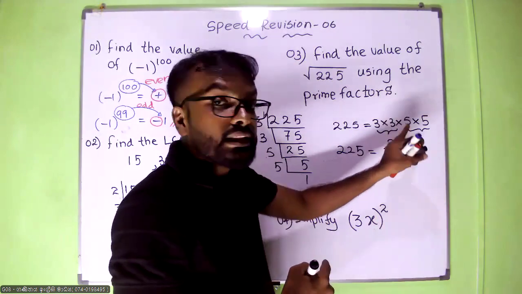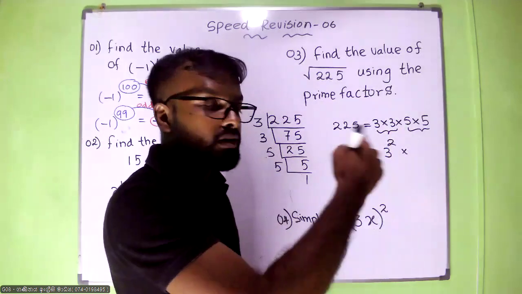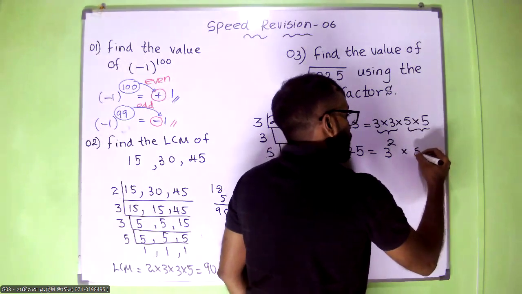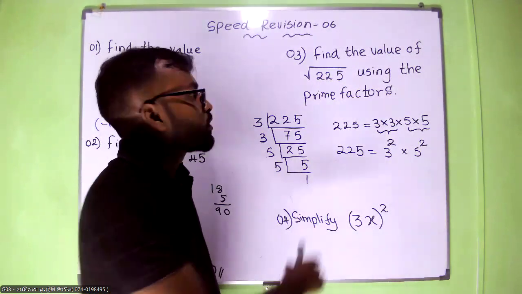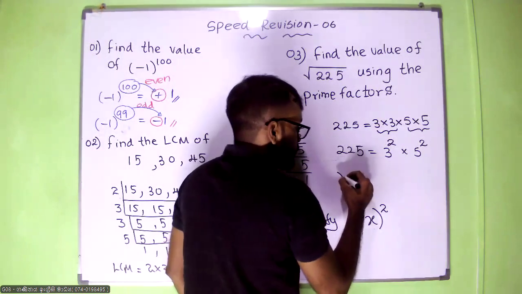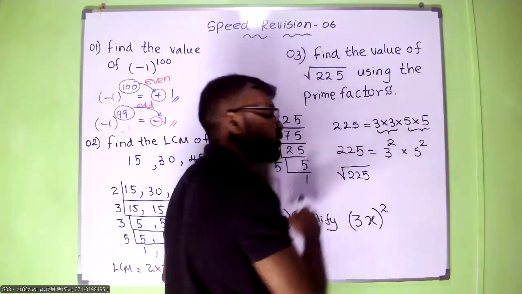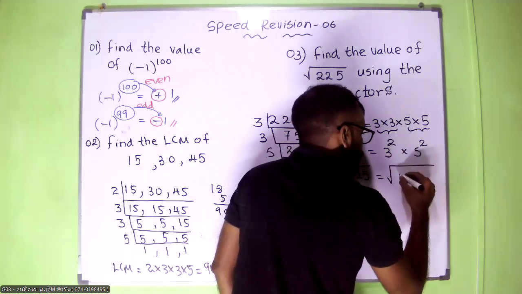Now you are using the knowledge of indices. If you multiply 3 times 3, it can be written as 3 to the power 2, 3 squared. 5 times 5 is 5 to the power 2, 5 squared. Now how do you find the square root of 225? You have to write the square root of this one as it is.